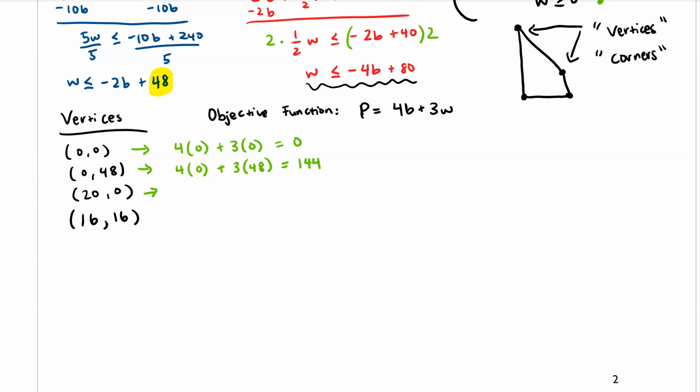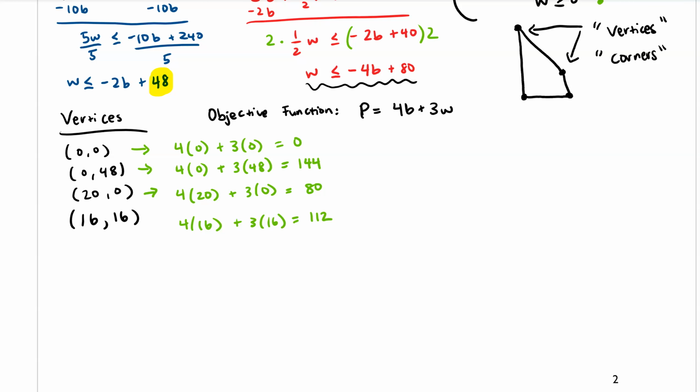I'm going to speed through this a little bit quicker. So if I sold 20 burritos and 0 wraps, that would give me a profit of $80. And the last combination of burritos and wraps would give me a profit of $112.